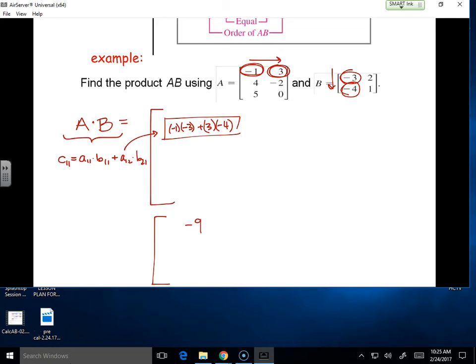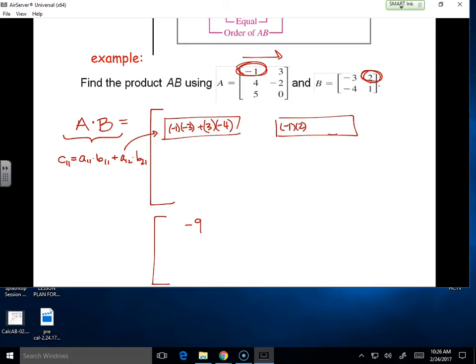Now, how do we find the next entry? Next meaning, remember in the graphing calculator, you go across, right? The next entry would be this entry. You're going to cross down, which is what we did first, then you're going to cross over. Cross down, cross over. What do I mean? A11 times cross over. It's time to do the next column. So negative 1 times 2.